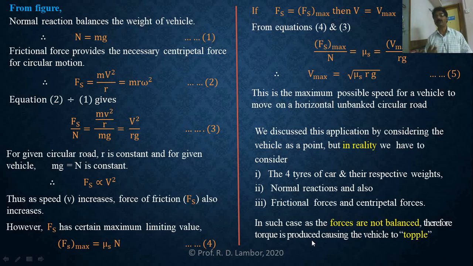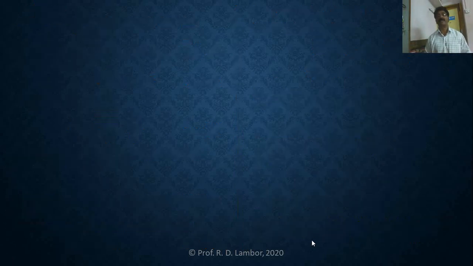Due to that torque acting on the vehicle, the vehicle will topple. The vehicle will be thrown off. The vehicle will slide. And there is a danger of accident. So in order to explain toppling of four-wheelers as well as two-wheelers, we will shift to our next slide.